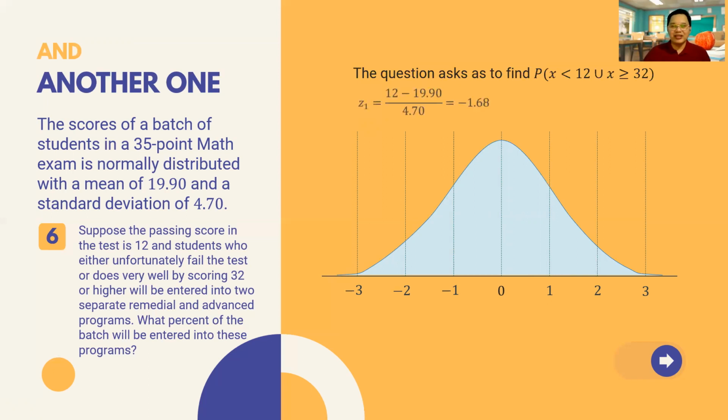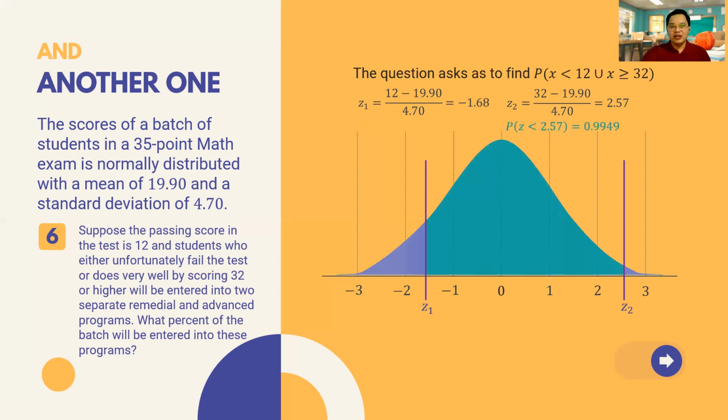So we're not interested in a certain region in the middle of the normal distribution. We're interested in the regions to the left and to the right of z sub 1 and z sub 2. These are the two regions here. So z sub 1, the z-score, is negative 1.68, and z sub 2, the z-score, is 2.57.